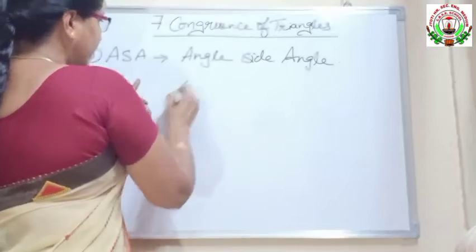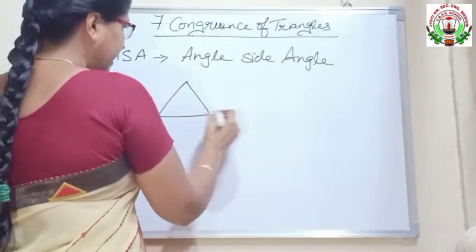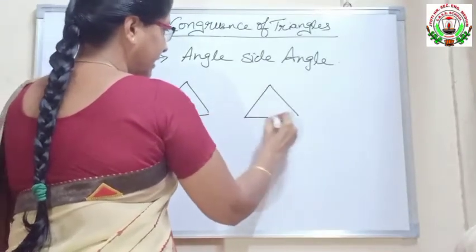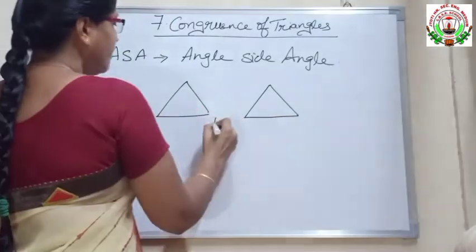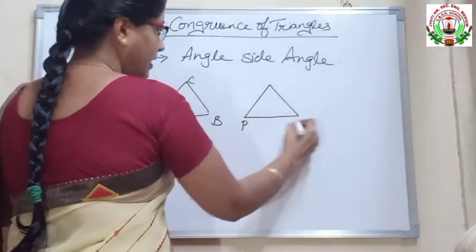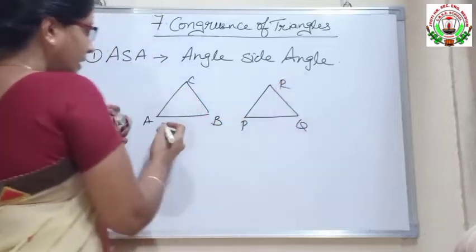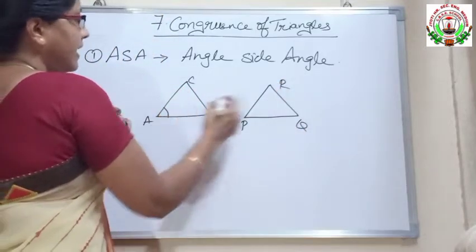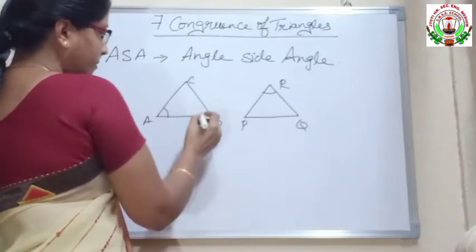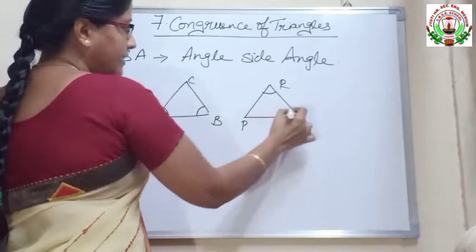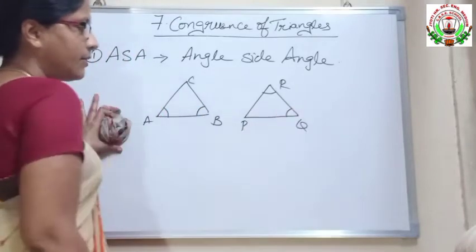Let us draw a triangle and explain it. Triangle here, another triangle here. A, B, C, P, Q, R. Think this angle is equal to this angle and this angle is equal to this angle.